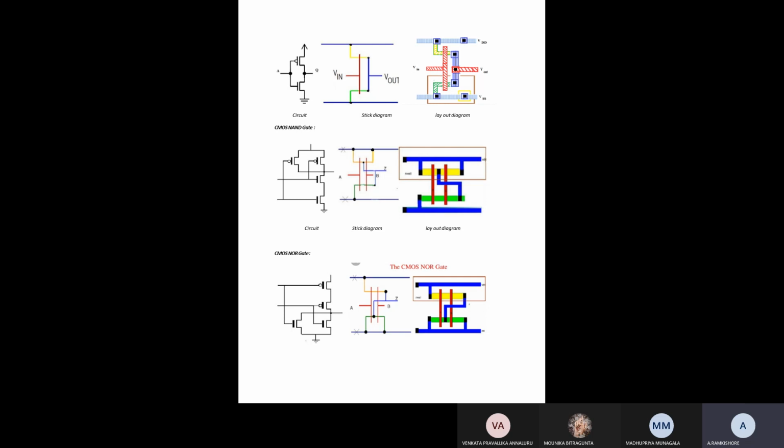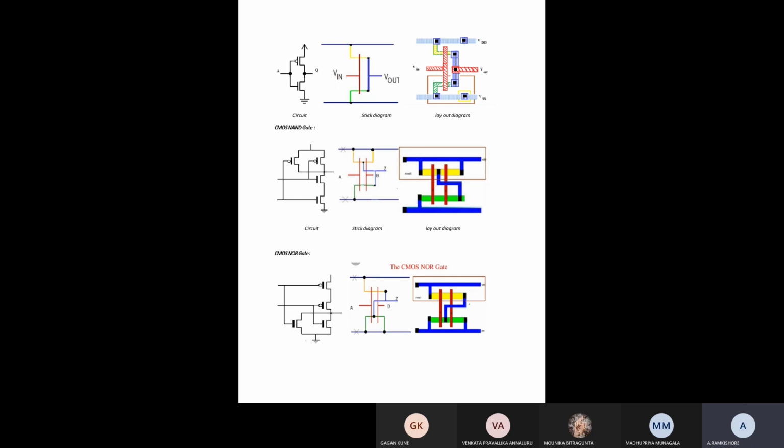By following this approach, we have to draw any type of MOS transistor stick diagram.